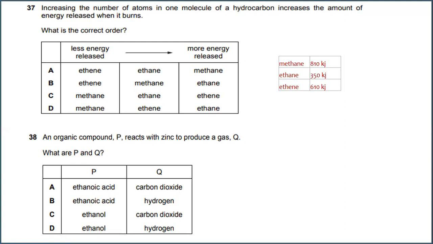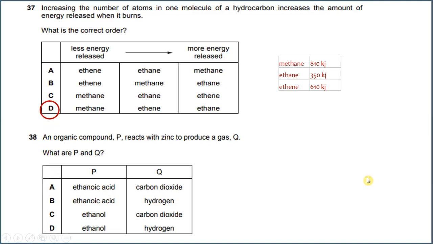Ethane requires high energy when it burns, but in actual fact, when it releases energy, it will be second after methane. And ethene, which requires less energy, releases more energy. So the sequence will be methane, ethane, and ethene. So the answer will be 37D.